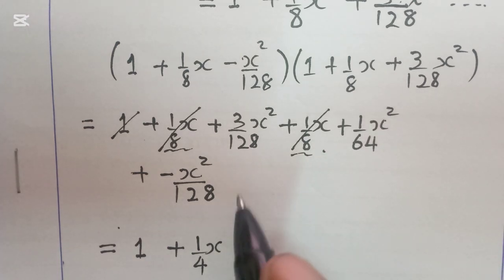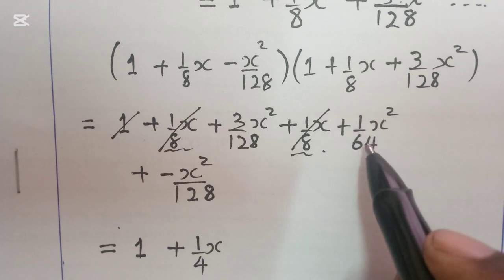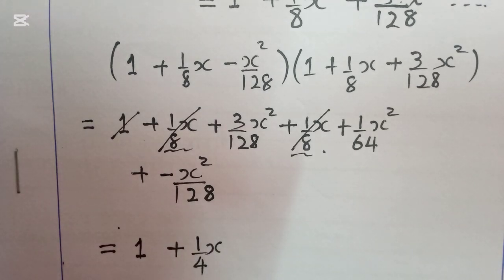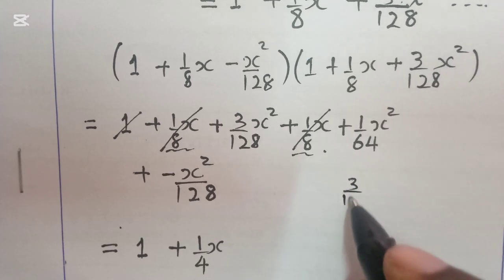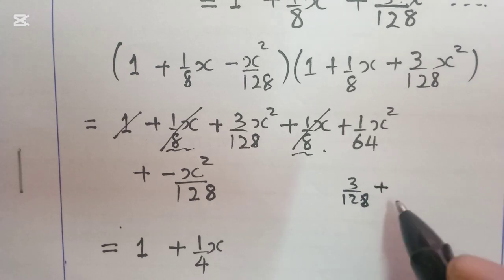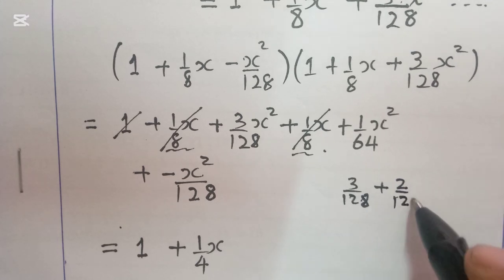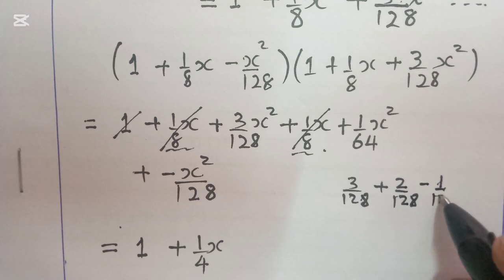So for this one we have 3 all over 128, then plus 2 all over 128, and the last one minus 1 all over 128.